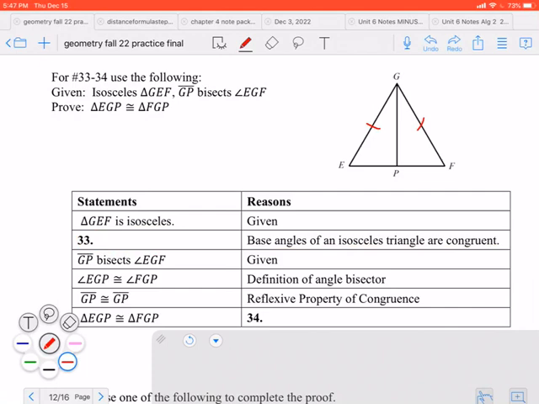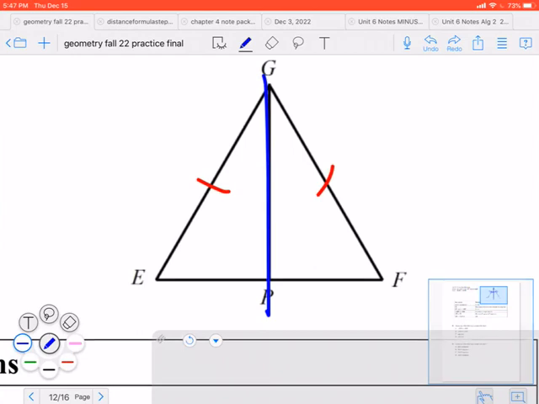Let's read the rest and what are we supposed to prove? GP bisects angle EGF. That's another one where if they say a segment bisects an angle, it's cutting the angle into two equal angles.